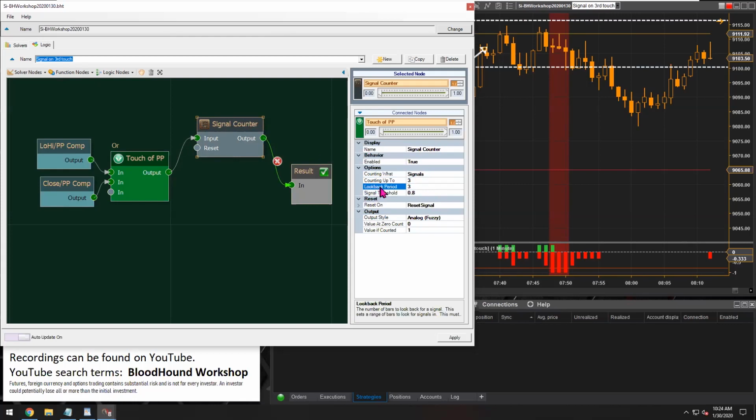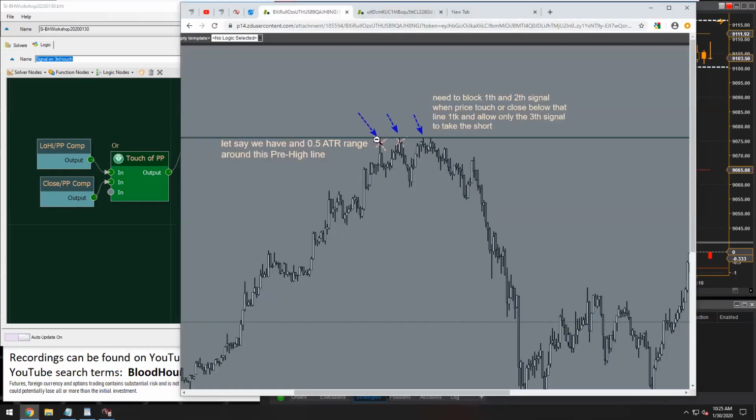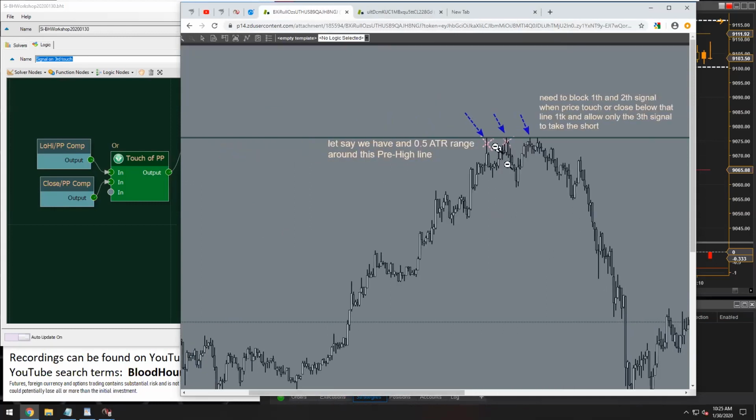Now we need to determine a look back period. When you're counting things, you have to decide how many bars back you are allowed to look for some kind of condition. When you're looking for a third touch, you're obviously not going all the way back to the beginning of the chart.